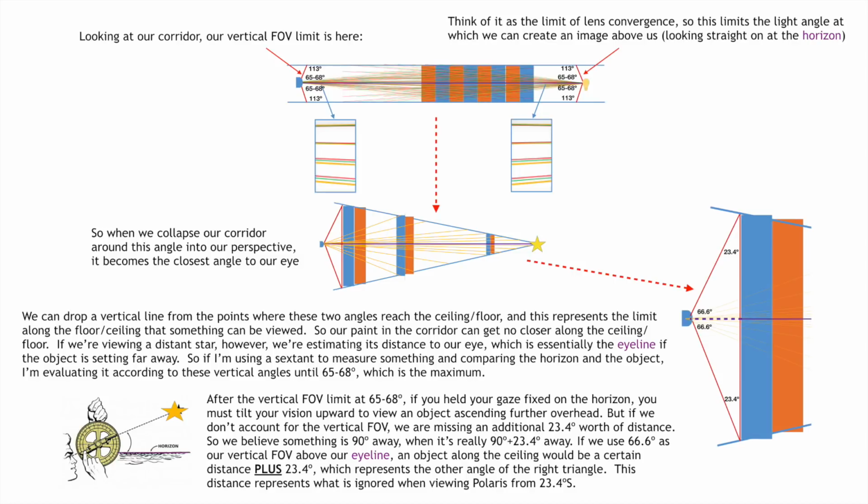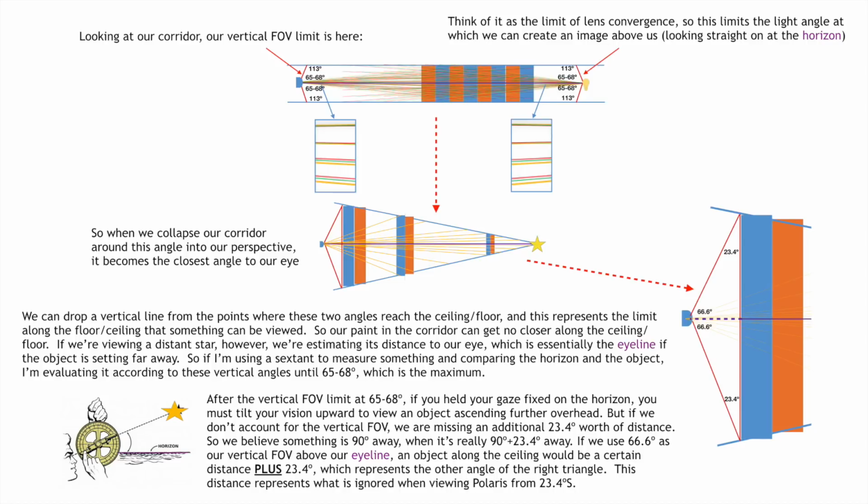So if I'm using a sextant to measure something and comparing the horizon and the object, I'm evaluating it according to these vertical angles until 65 to 68 degrees, which is a maximum. After this point, you must tilt your vision upward to view the object. But if I don't take into account the vertical field of view, I do not take this additional 23.4 into account.